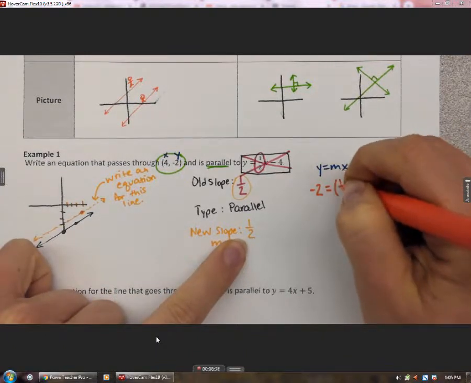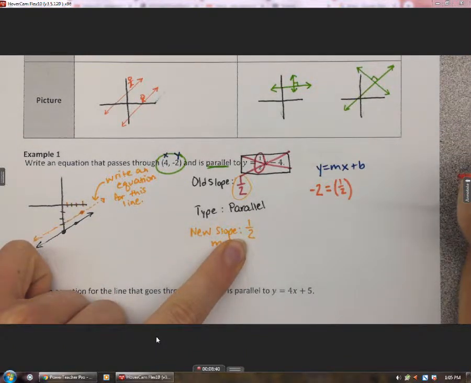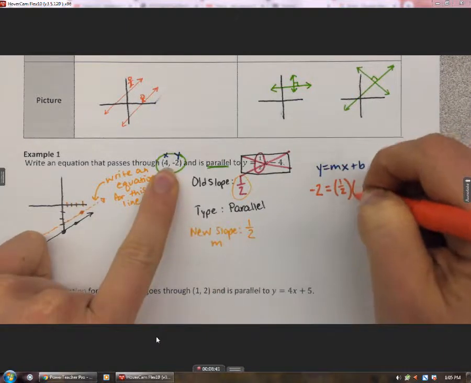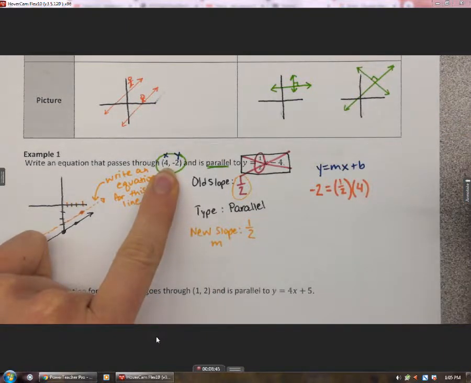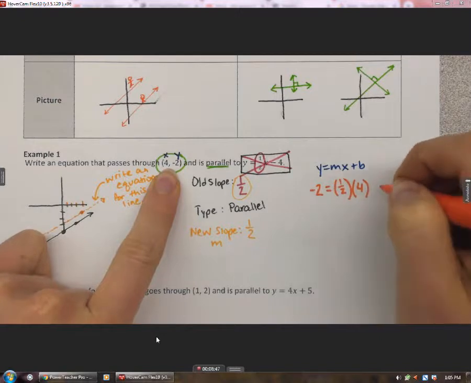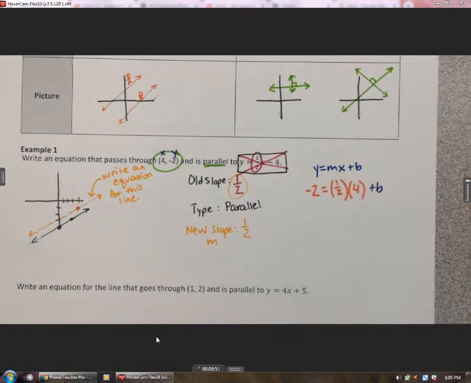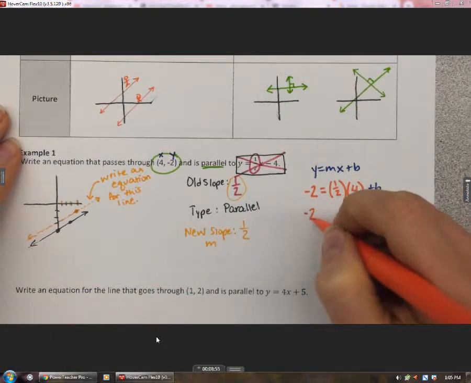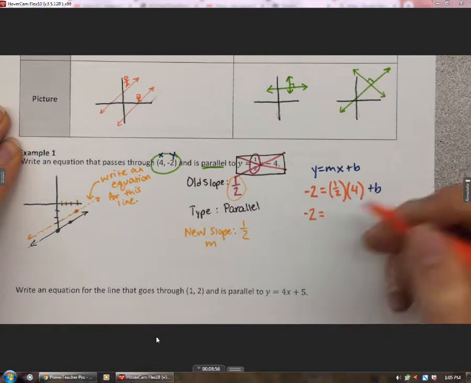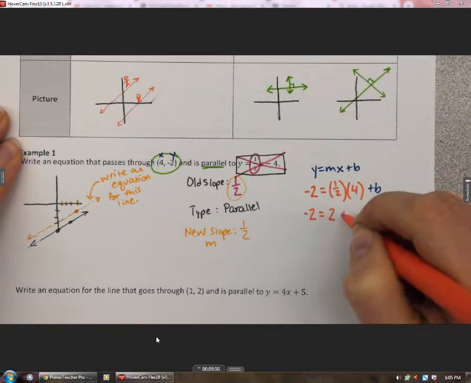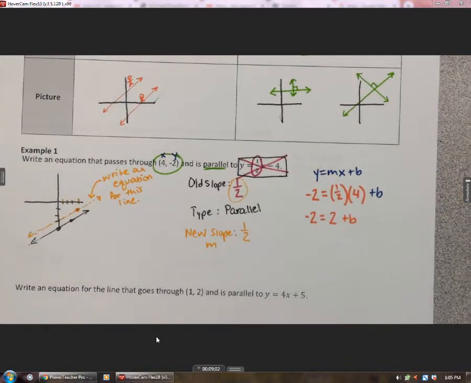M is my slope, 1/2. X, we're plugging in 4 from my point. And then I don't know what b is still. I'm going to solve for it. -2 equals 1/2 times 4 is just 2, plus b. Be careful here when you're solving.